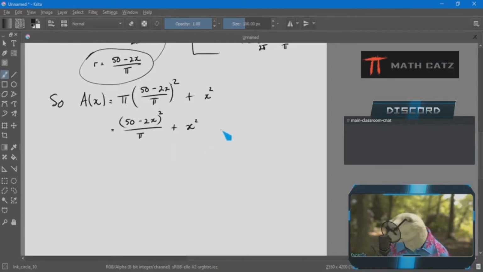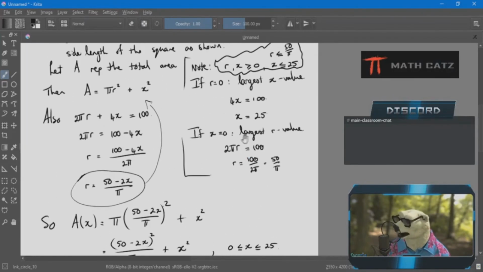Now, of course, you can remember here, this is just depending on x, and remember that x is going to go from 0 to 25. At 0, I'm getting the area equal to the area of just a circle. At 25, you see this first one falls away, that's the circle portion, and I just have the area of the square.